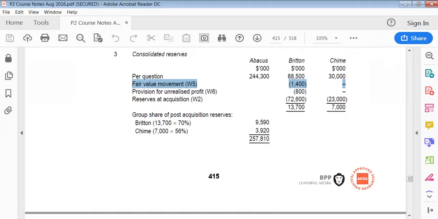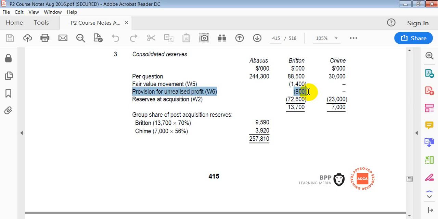To give us unrealized profit of 800,000. Since Britain is the one who sold, this unrealized profit will have to be subtracted from Britain.